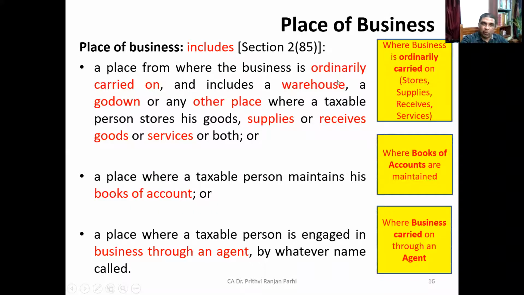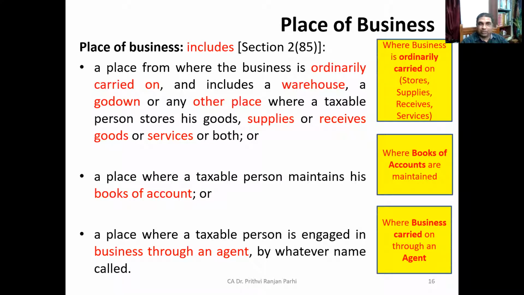And includes a warehouse, a godown, or any other place where taxable person stores his goods, supplies or receives goods or services. That means this part of the definition talks about where a businessman is ordinarily carrying on his activities.